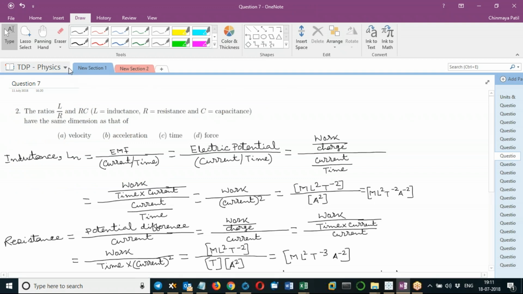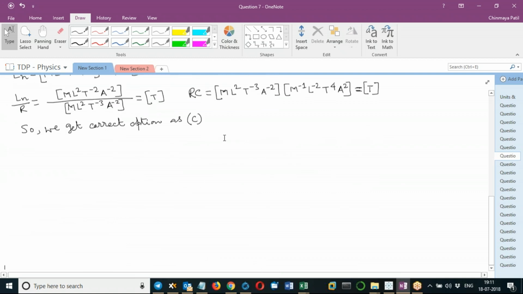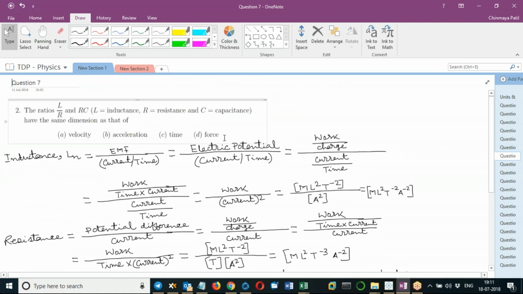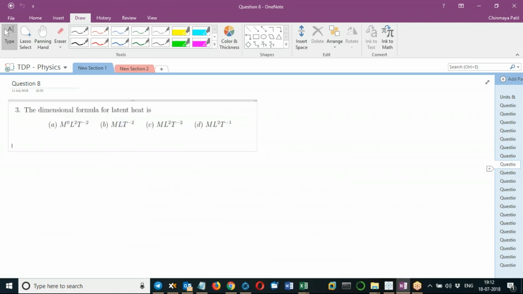So the next question we are going to take up: the dimensional formula for latent heat is, out of these four options, which one?